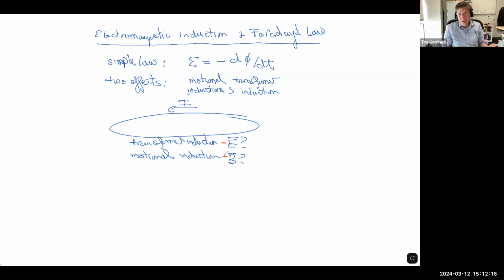The punchline is that when we think about motional induction, we think of it as an induced current that is produced by a push from a magnetic field. And when we think about transformer induction, we think of it as an induced current that's created by a push from an electrical field.